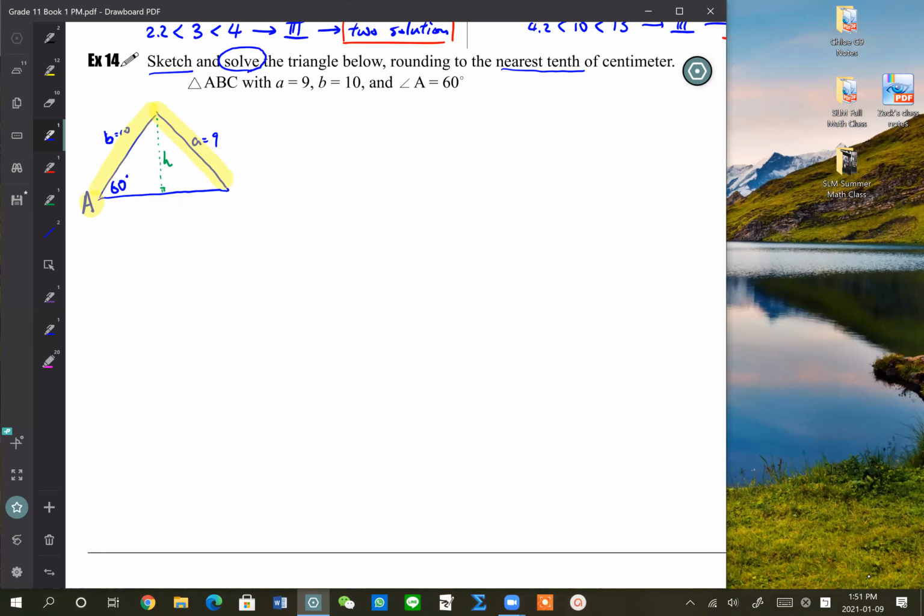So take out your calculator. Okay, you will need a calculator to find the height. Anyone has trouble finding height?